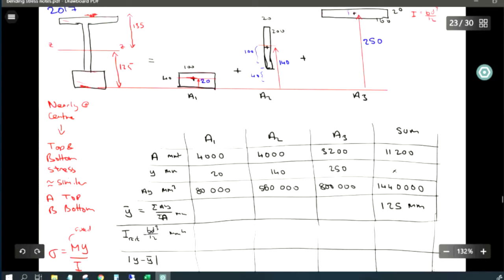So the centroid is running out there. So we need that distance. Okay, if you work out BD cubed over 12 for A1, the breadth is 100.